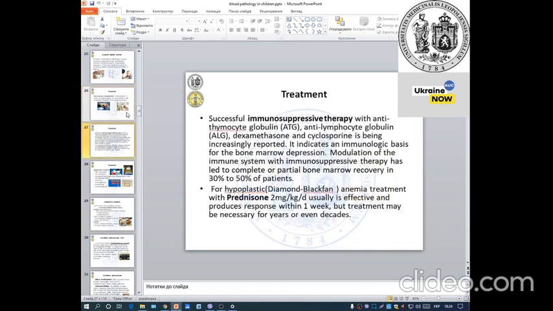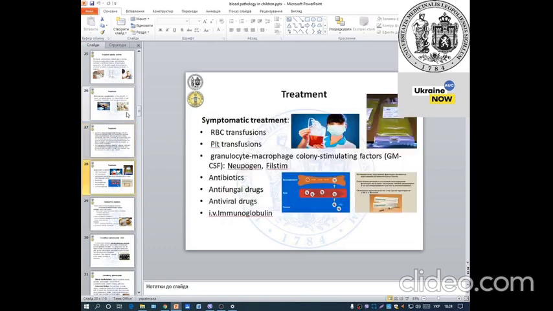Successful immunosuppressive therapy of aplastic anemia with anti-lymphocytic globulin, dexamethasone, and cyclosporine has led to complete or partial bone marrow recovery in 30 to 50% of patients. Symptomatic treatment of aplastic anemia includes red blood cell and platelet transfusions, granulocyte colony-stimulating factors, antibiotics, antifungal and antiviral drugs, intravenous immunoglobulin.